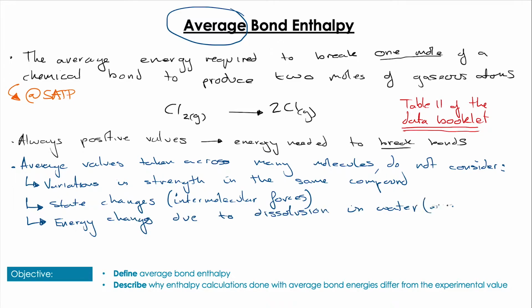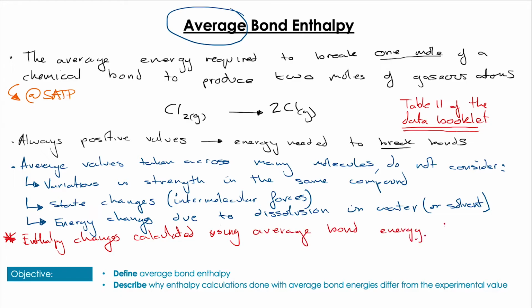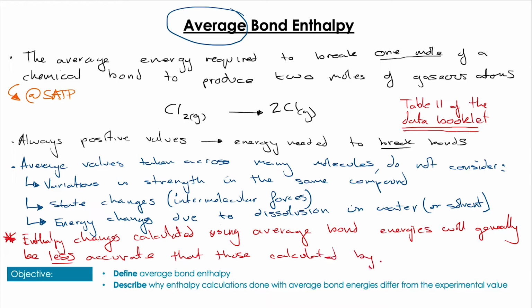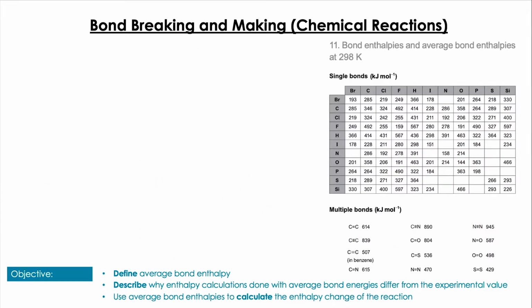They also don't account for any energy changes that are due to being dissolved in water or any other solvent. That all comes together, meaning that energy changes that are calculated with these values are generally considered to be less accurate than those calculated by a very good, and I mean good, experimental methodology. However, they're still really useful and quite simple to do.